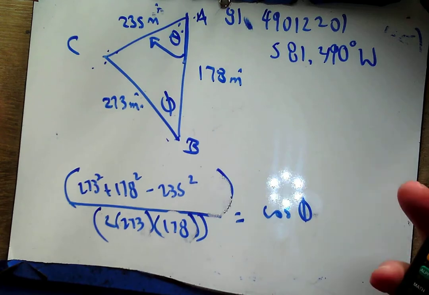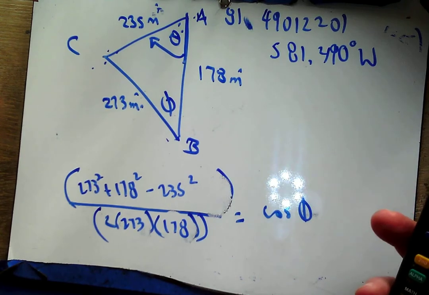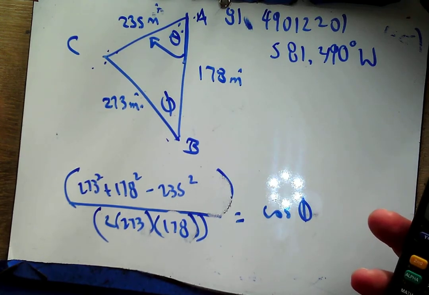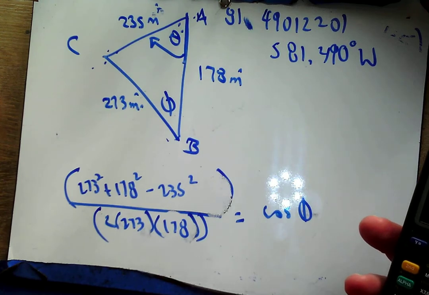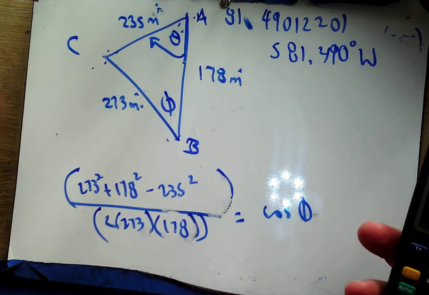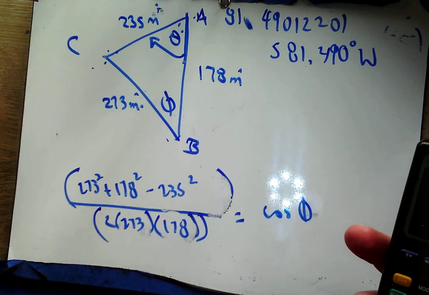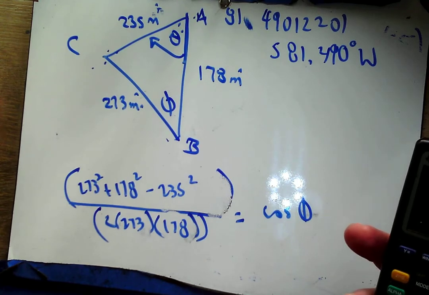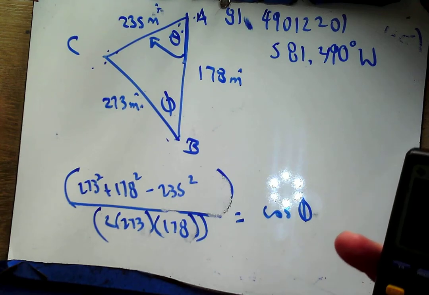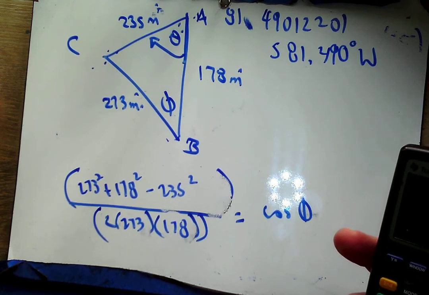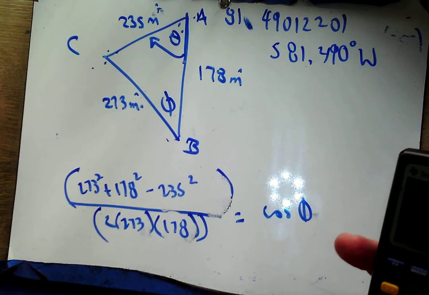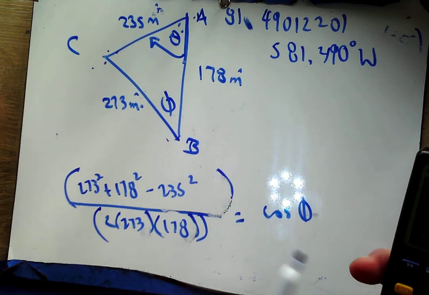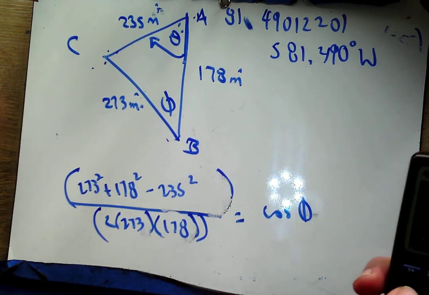Don't forget parentheses around everything at the top, and parentheses around everything on the bottom, and I get a number for cosine of phi.